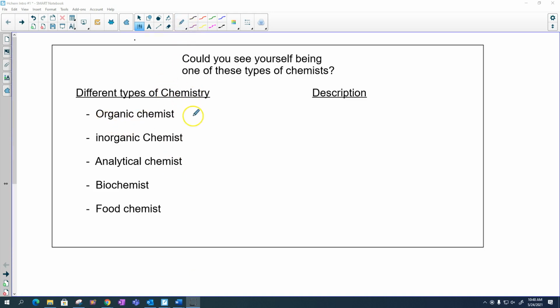In organic chemistry, this person tends to deal with really the chemistry of carbon. And you might say, okay, well, that's it. Well, chemistry of carbon could be someone who deals with generation or development of plastics, maybe making new polymers, making things involving like tires or plastic wrap.